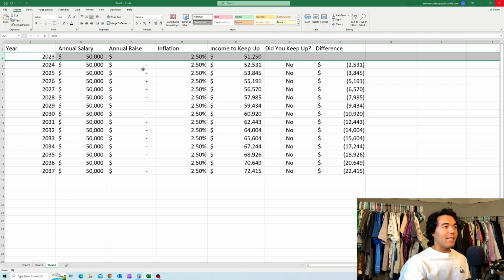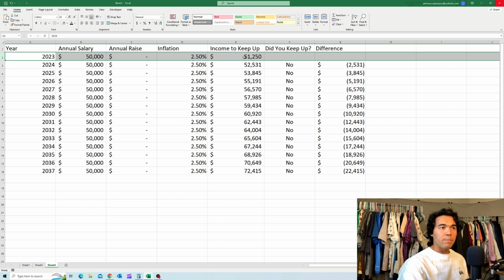So at the end of 2023, assuming that the inflation rate is 2.5%, which likely won't be the case, like I said previously, we're on track for 2023 to be about 5% or so. But let's just say we're in an imaginary world right now where it is 2.5%. That'd be great.